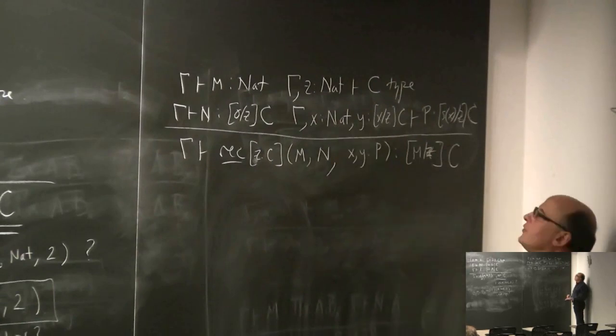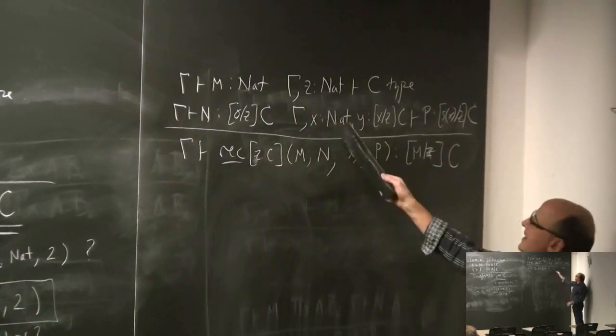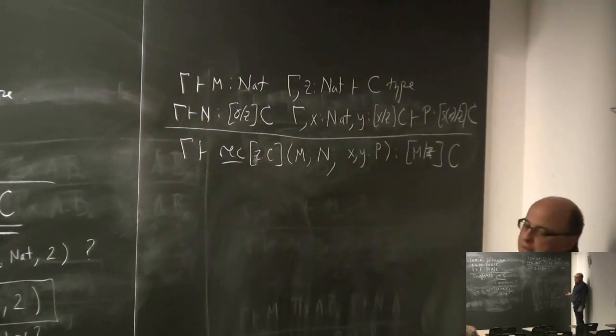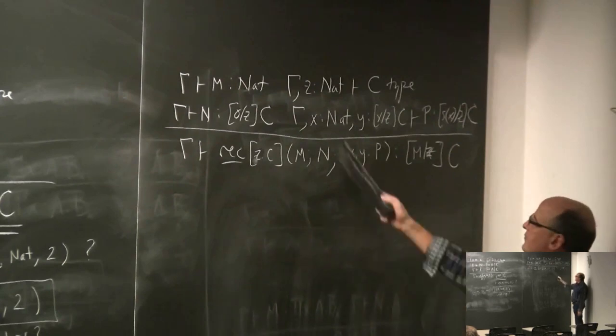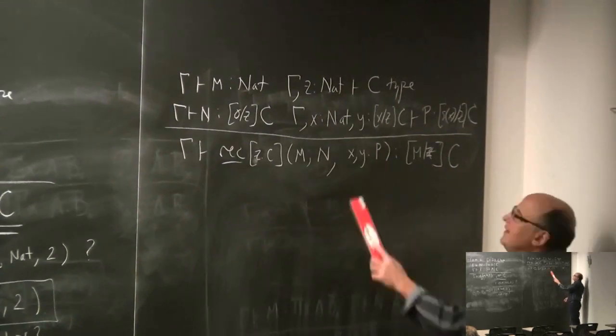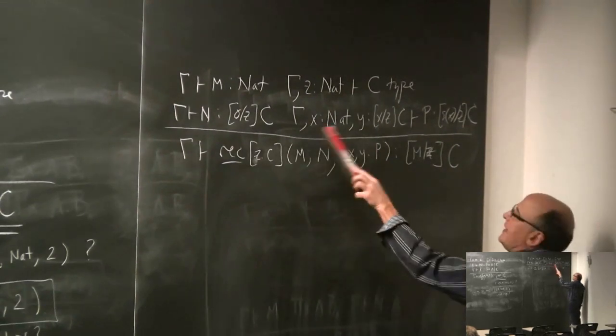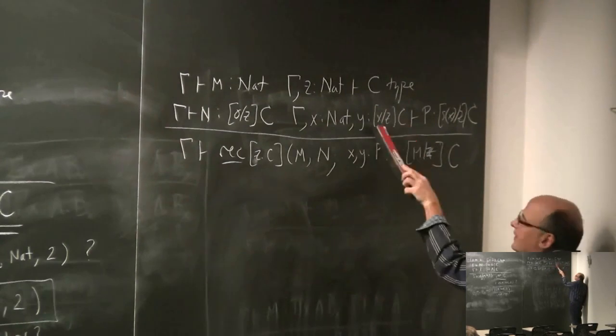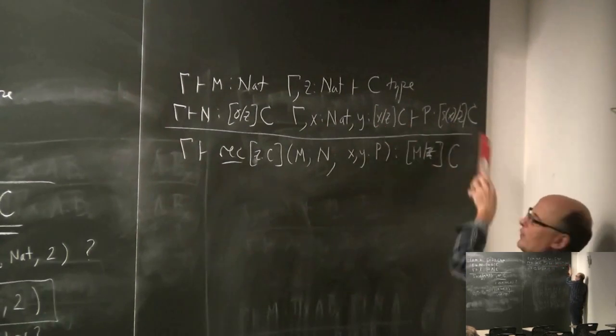We asked you for homework to show that the version with the X around is interderivable with the version without the X around, provided you have products. So you're going to do that for your homework assignment. But here, I don't get a choice. The reason is because of the dependency. I have to know what C holds of in order to reason that it holds of one thing more.